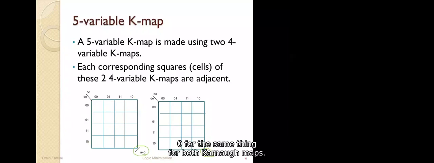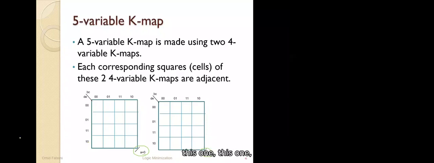The same thing for both Karnaugh maps, but the left one is when A is 0, the right one is A is 1. And here, when you want to consider adjacent terms, all of the things that we have told about the 4 variable is correct here.